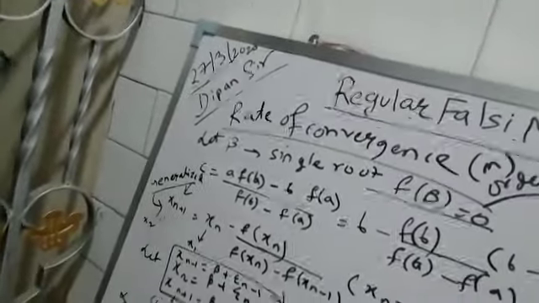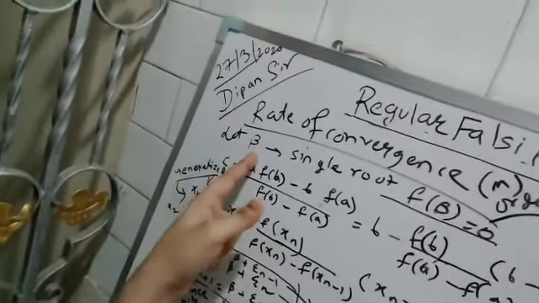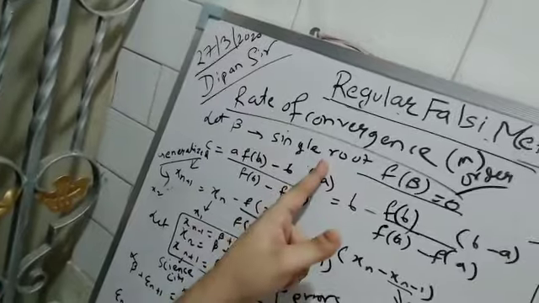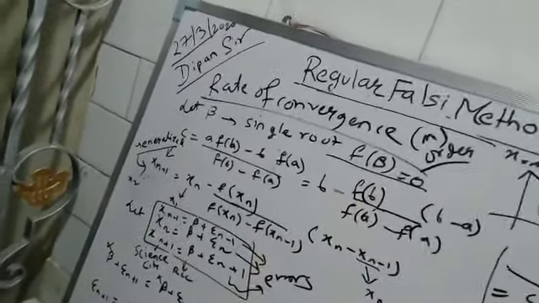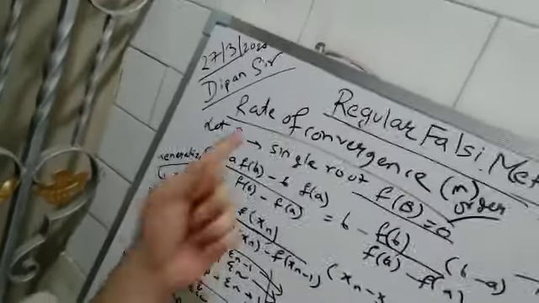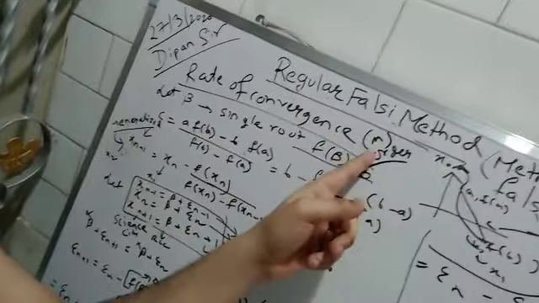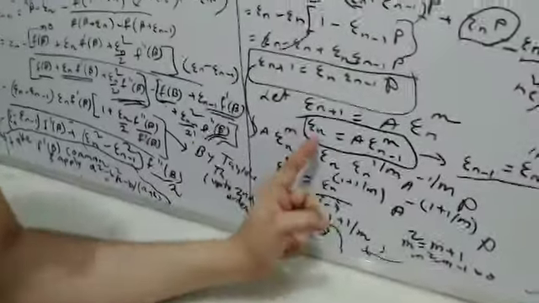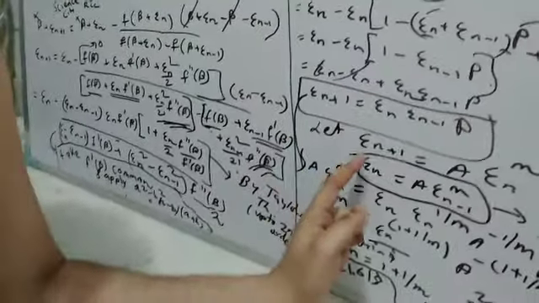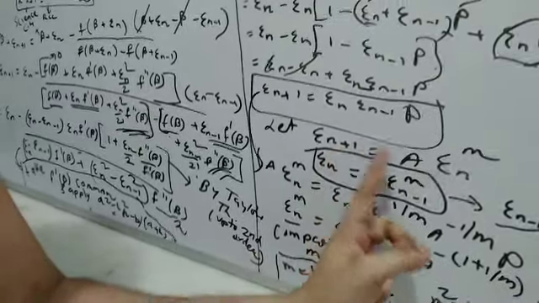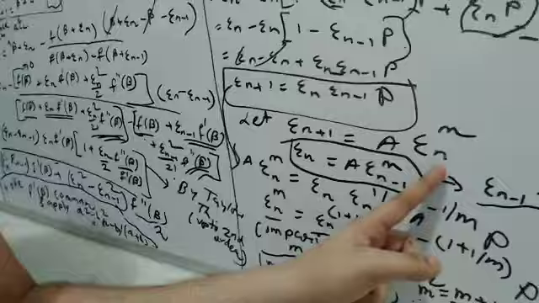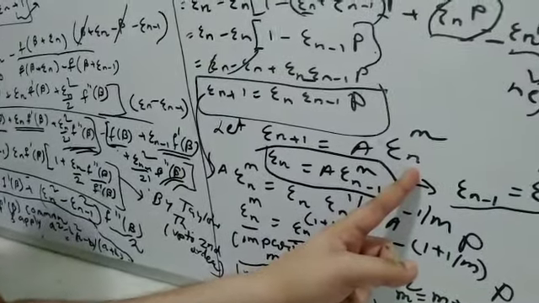Here my starting point is that we have considered beta to be the root. If beta is the root, then f of beta will be 0, right? So rate of convergence means we need to find the value of m. What is m? I told you, it is the relation between the errors: how the error in the current step depends on the error in the previous step.